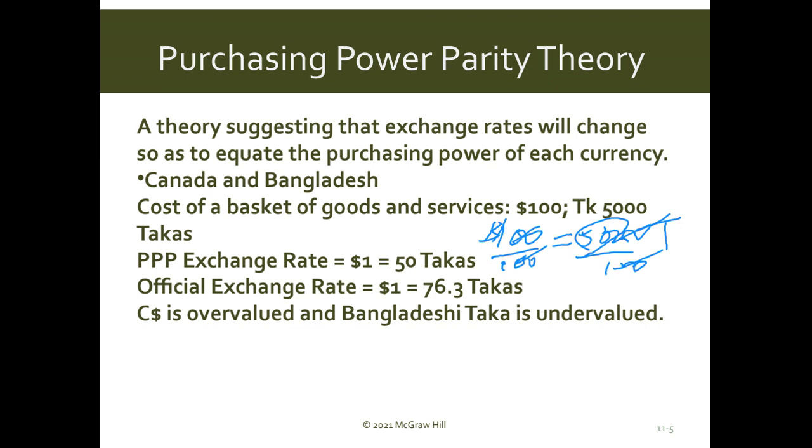So no currency is overvalued or undervalued. But official exchange rate, if you Google, it would give you one Canadian dollar equal 76.3 takas, which means that Canadian dollar is overvalued and Bangladeshi taka is undervalued.